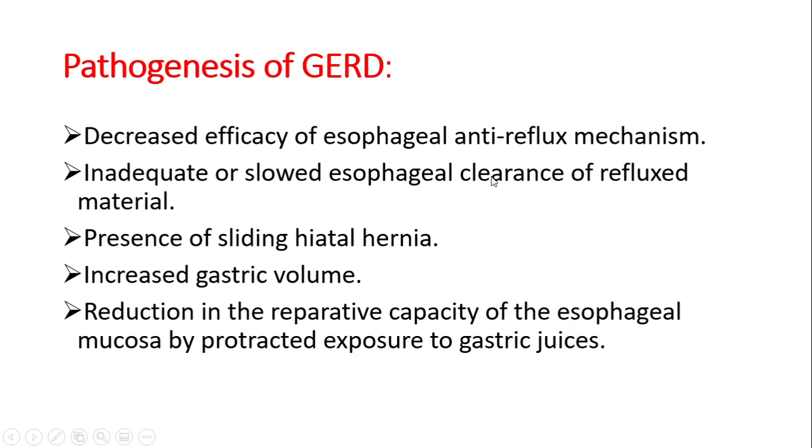Slowness of esophageal clearance in obese patients, increased intra-abdominal pressure, presence of sliding hiatal hernia, this type of anatomical defect, where part of the stomach is bulged into the thorax, results in regurgitation of gastric content into the esophagus.